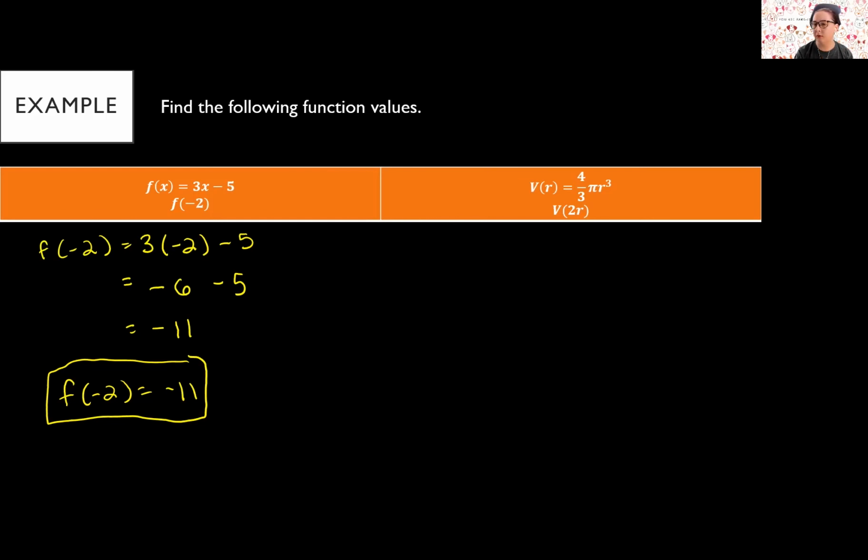So finding V of 2r is like converting your formula that is in radius into a formula in terms of diameter, because you're replacing your r with 2r. It's like you're doing a conversion here.